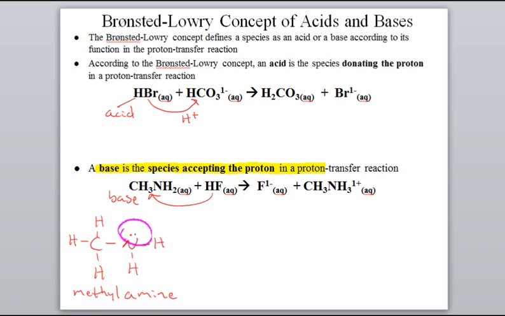So up above, HBr was the acid, hydrogen carbonate was our base. Something loses a hydrogen cation, something takes a hydrogen cation. You can't have an acid without a base in your chemical reaction. So down below, methylamine was the base. HF in this reaction is behaving as an acid.